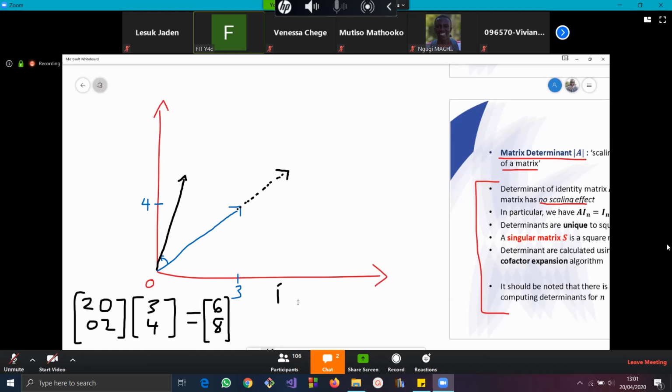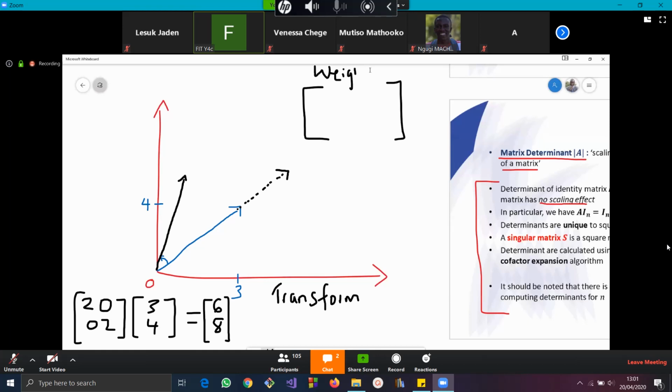So matrices actually transform vectors. If we may summarize linear algebra, matrices transform vectors. That is going to be extremely important. In our neural nets, what you actually have is a matrix of weights.